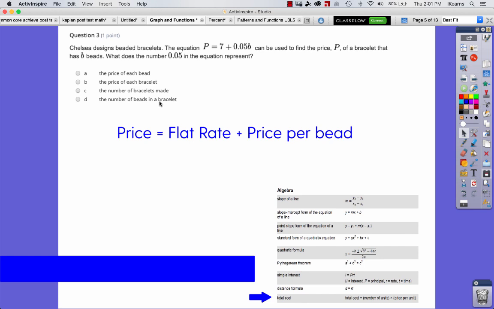Well, if we write this whole thing here as they have it, this is P equals flat rate of $7 plus 0.05 times B. This is going to be the price of a bead, price of one bead. Okay? B is equal to the number of beads.